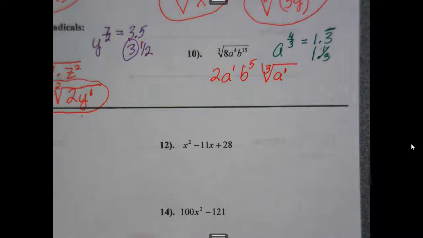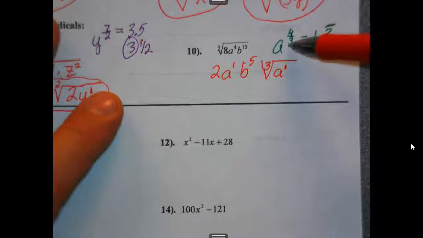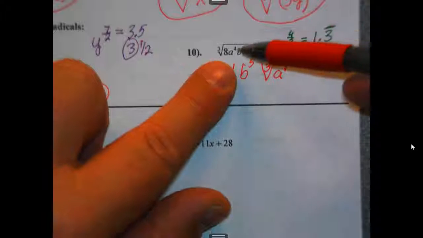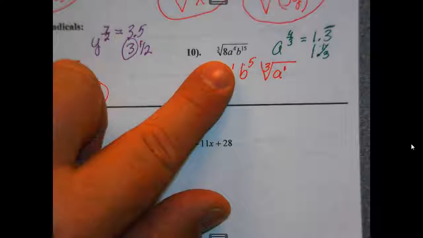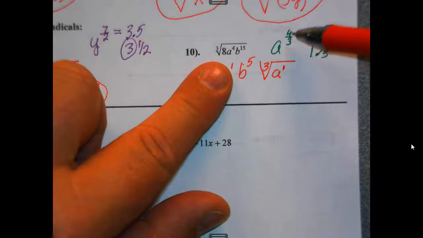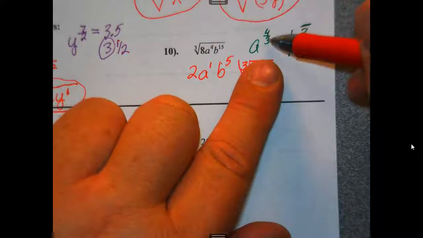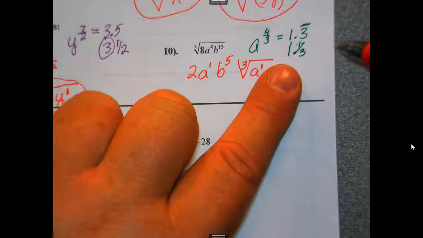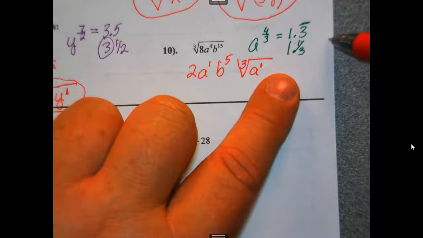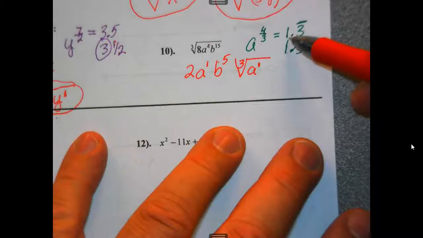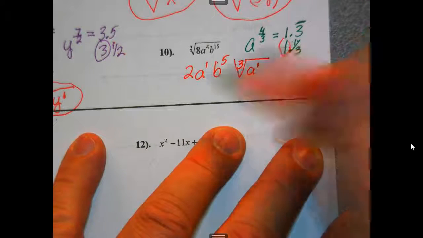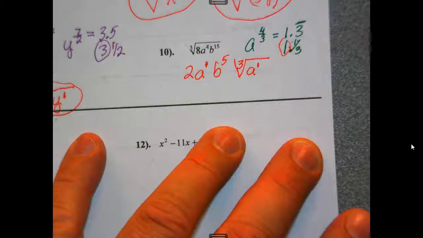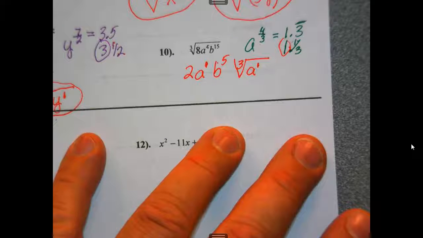Okay, listen. Do you get a to the 4 divided by 3? Do you get that? Okay. So 4 divided by 3 is 1.33333, right? Or 1 1/3. Okay. So I have a whole number 1. That's where I get this exponent outside of the root. Okay.